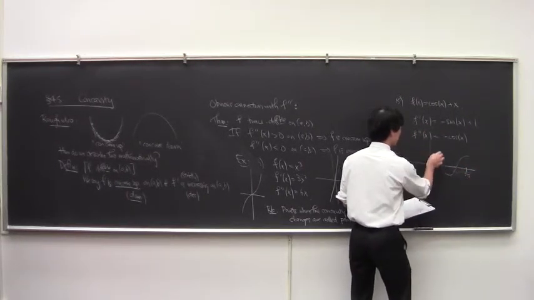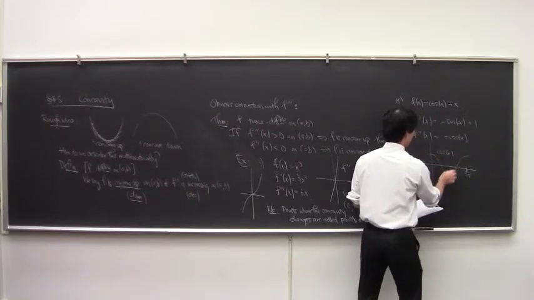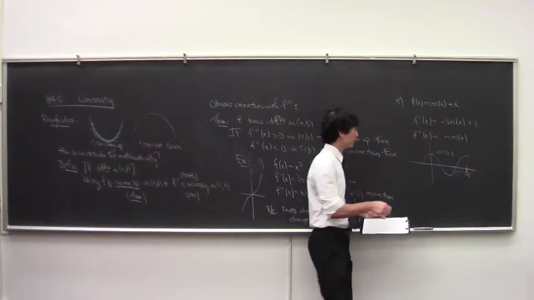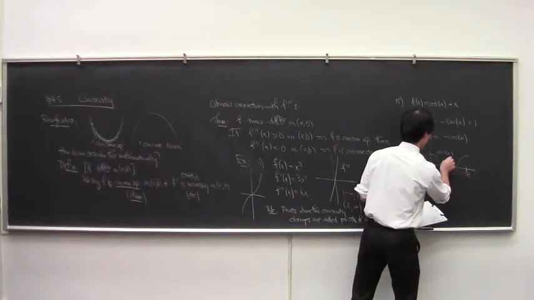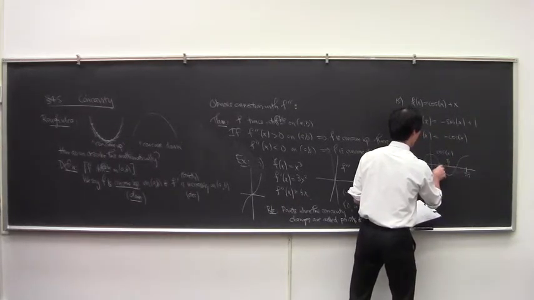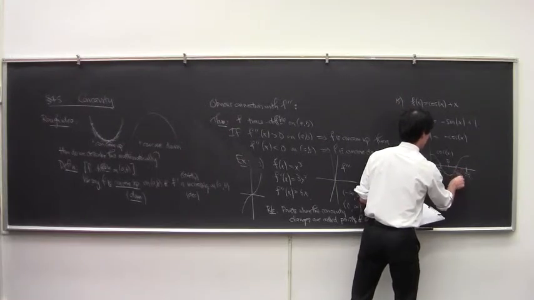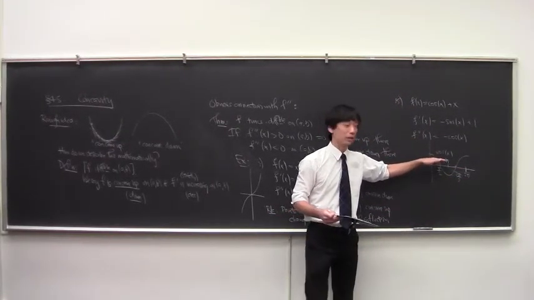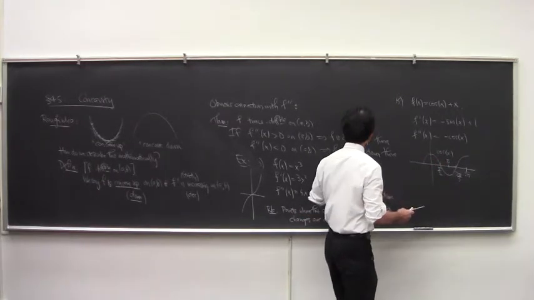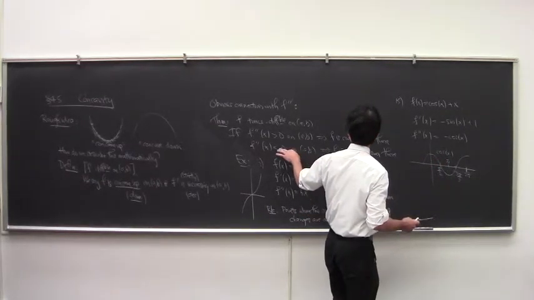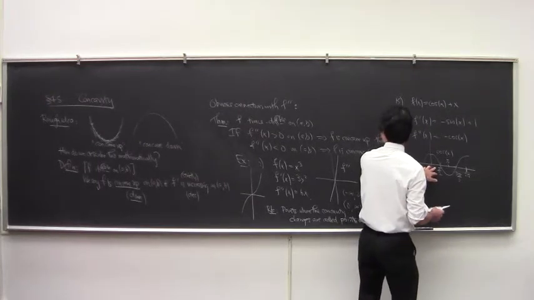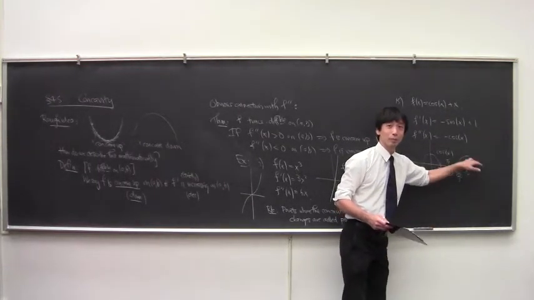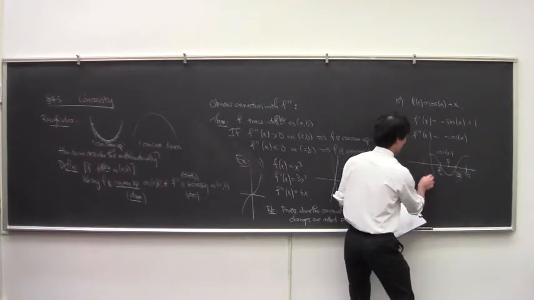So here is cosine. It's going to be negative here, so it's concave down here, concave up here, concave down here, concave up here.